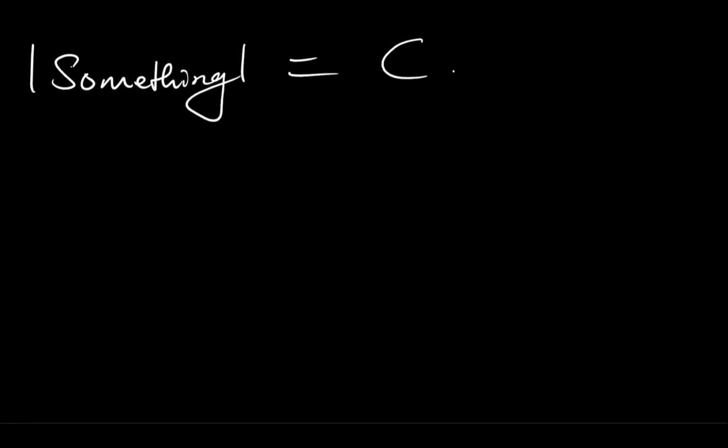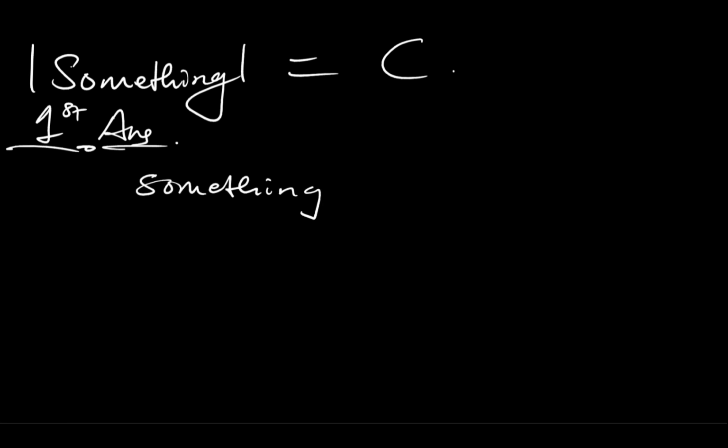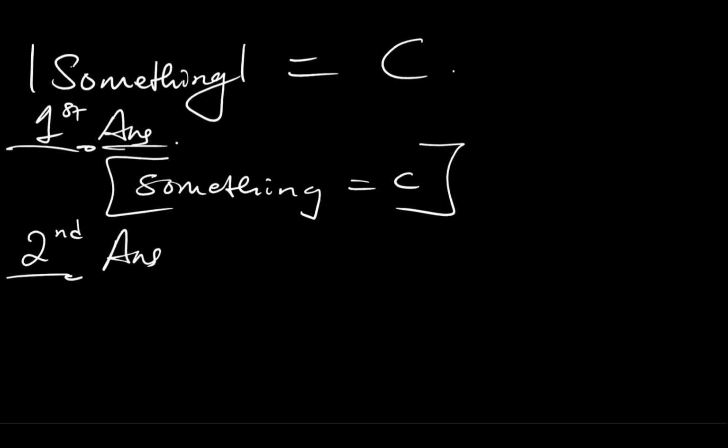Be mindful that you will always have two answers. The first answer would be the answer you get directly when you solve the equation without considering some aspects. Where you say, okay, something is equal to c, and then solve for whatever variable you're interested in. The second answer is where you put a minus to either the something part or the constant c.